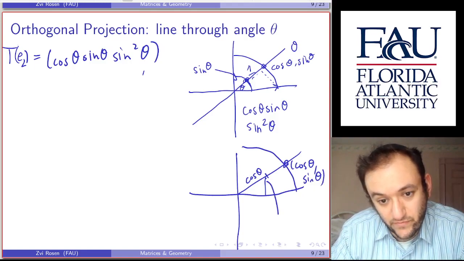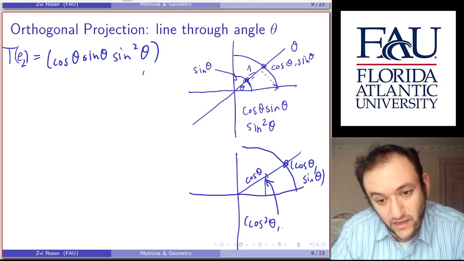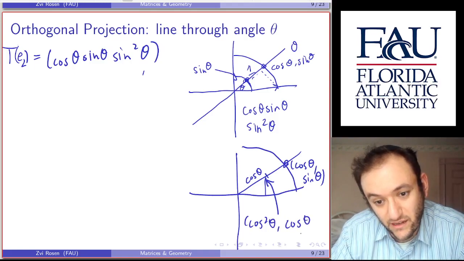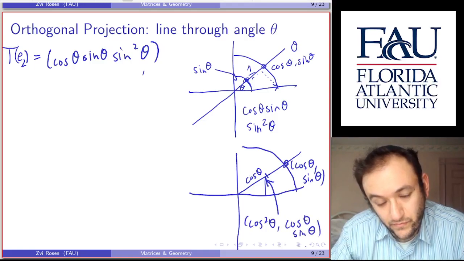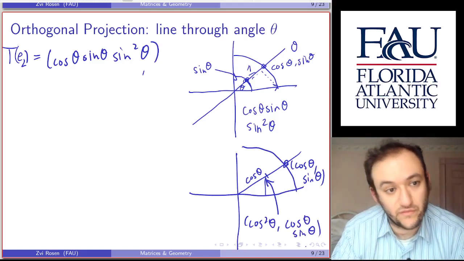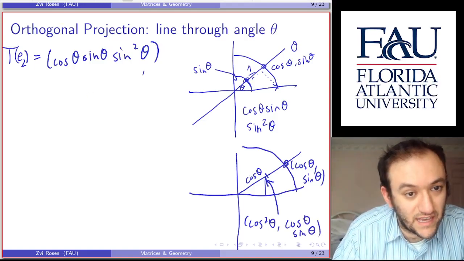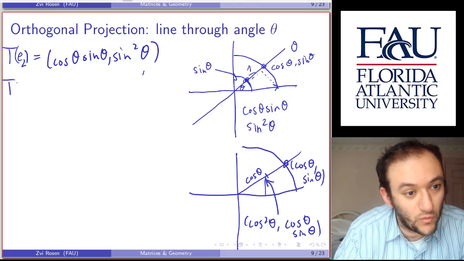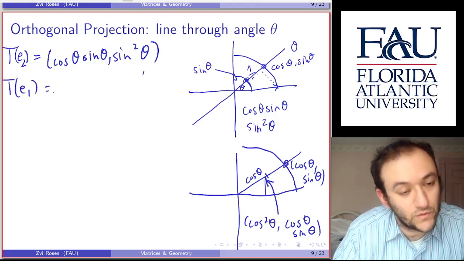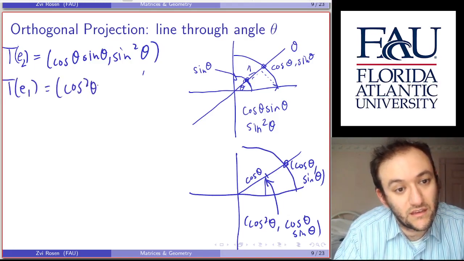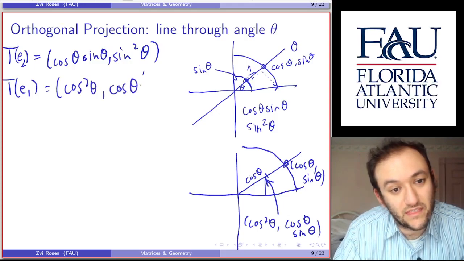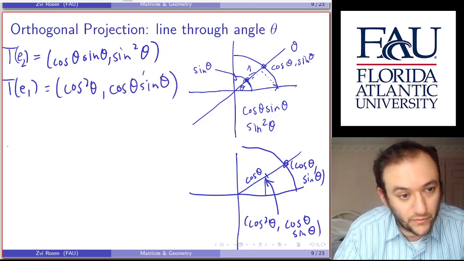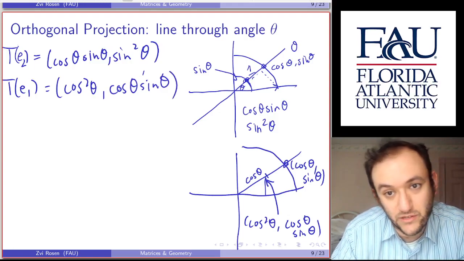Then this point is going to be cosine squared theta, cosine theta sine theta. Okay, same argument as above. So T of E2 is cosine theta sine theta, sine squared theta, and T of E1 is equal to cosine squared theta, cosine theta sine theta. Okay, and we can put that into our standard matrix.